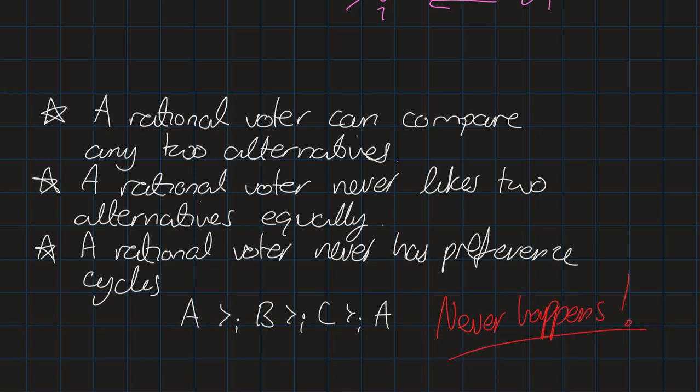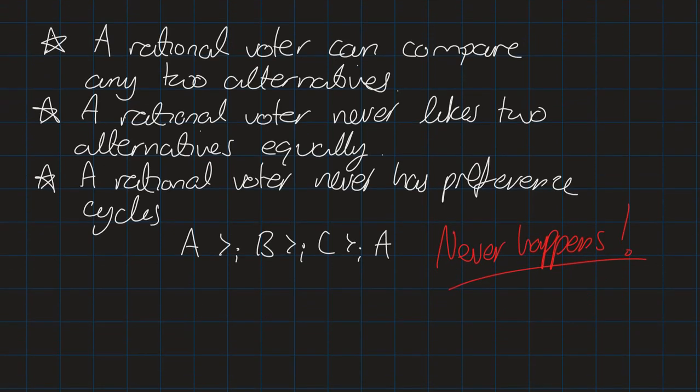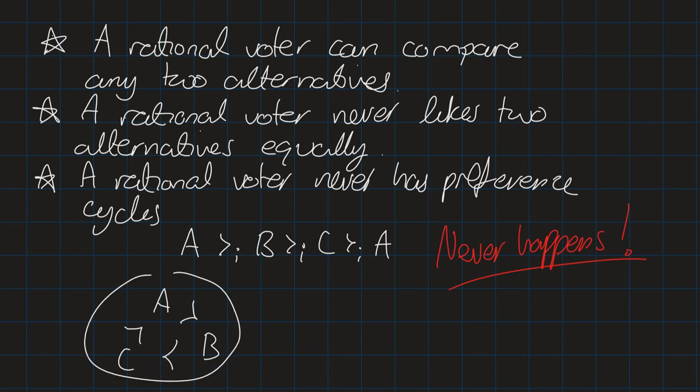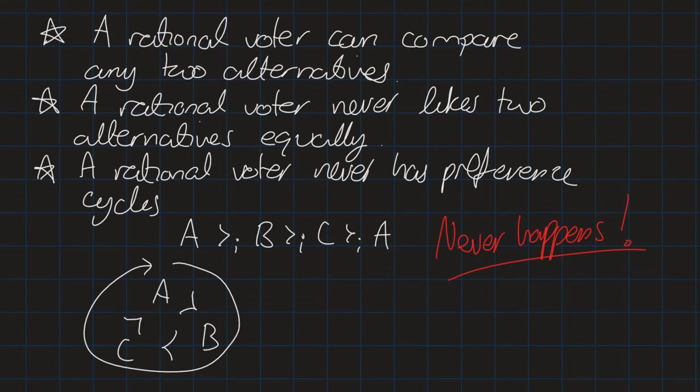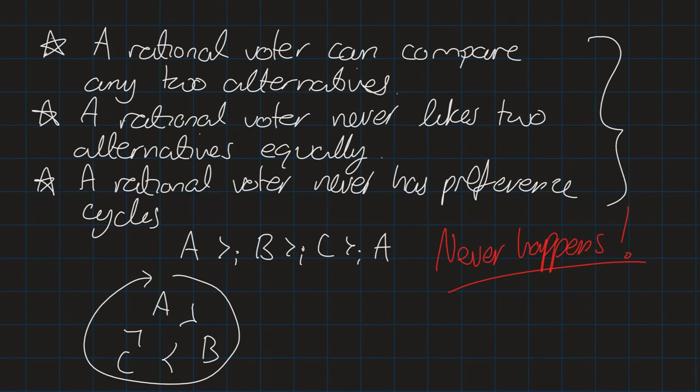You can't have these cycles, and they're called cycles because you can imagine redrawing them as a cycle: A is preferred over B, is preferred over C, is preferred over A. A rational voter would never have these sort of cycles. These are the assumptions under which we'll be working for the remainder of the course. Okay, that's the end of this video.